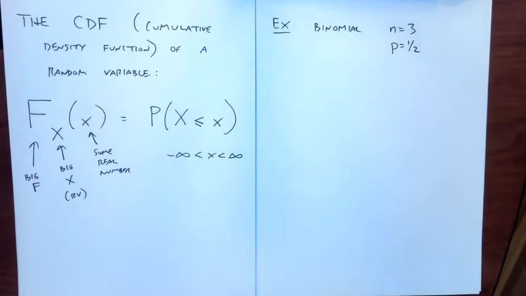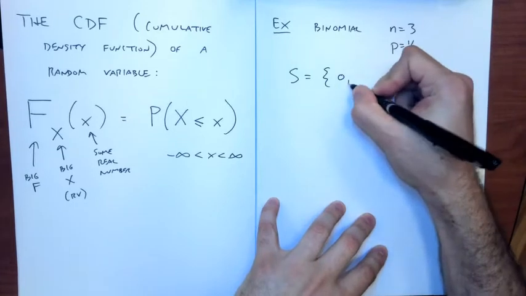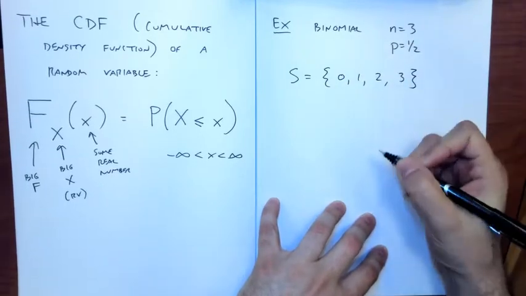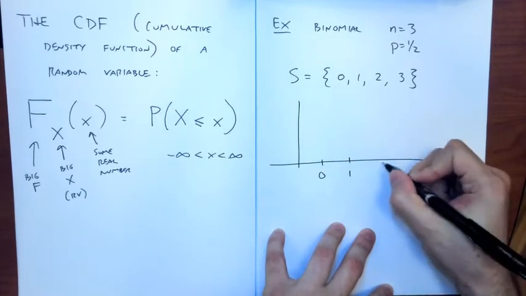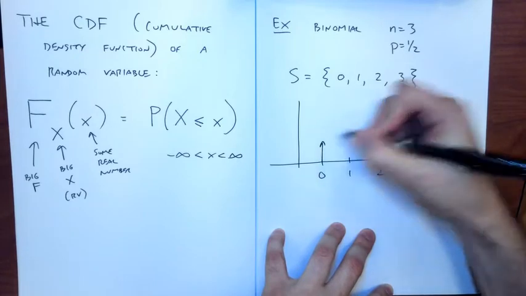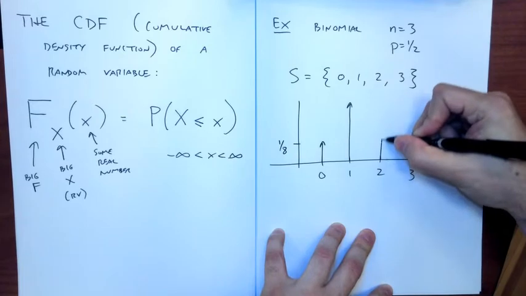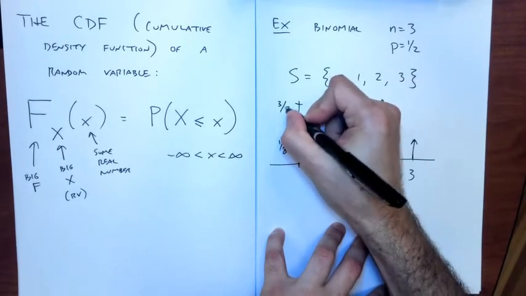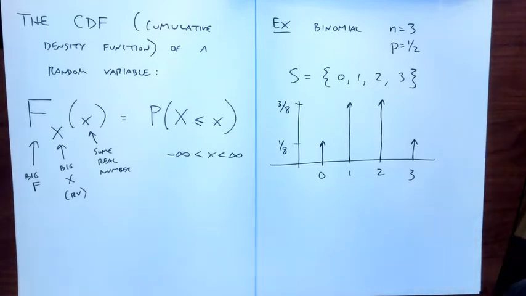That's like flipping a coin 3 times and counting the number of heads with an equal probability of each, right? So here my sample space is 0, 1, 2, 3, and my PMF looks like, not too hard to compute, that the probability of getting 0 or getting 3 is 1/8, and the probability of getting 1 or 2 is 3/8, okay? So everything is nice, the arrows add up to 1, and now I can think about what is the CDF for this random variable, right?